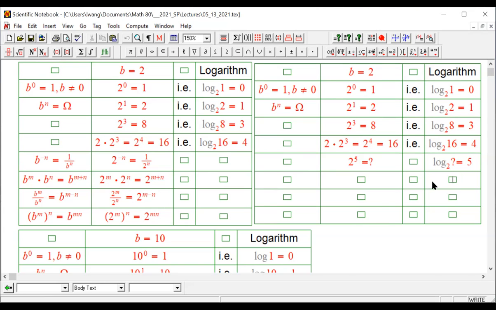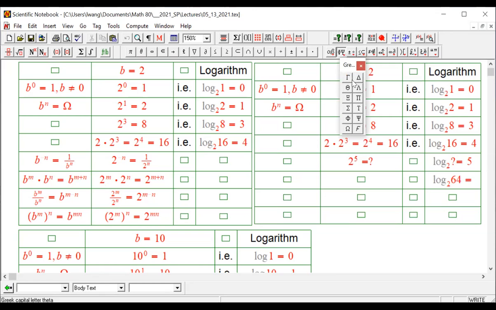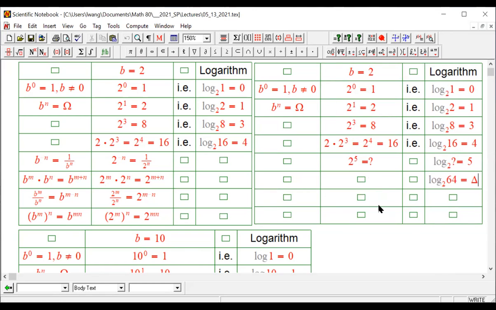And over here, I'm going to write log base 2 of 64 equals to, I'm going to give you a random symbol, triangle.